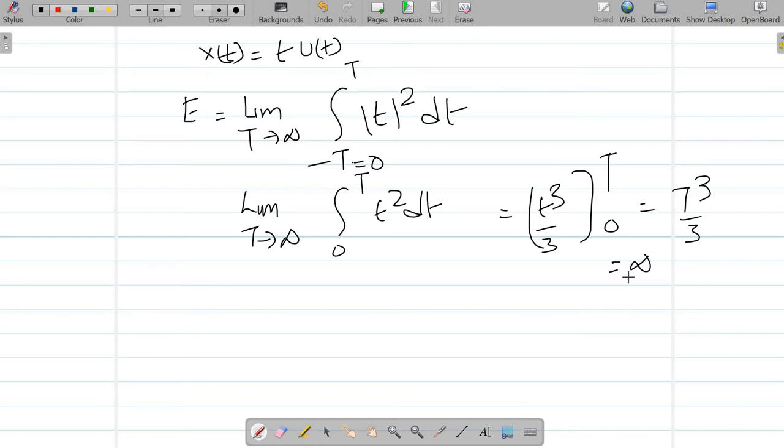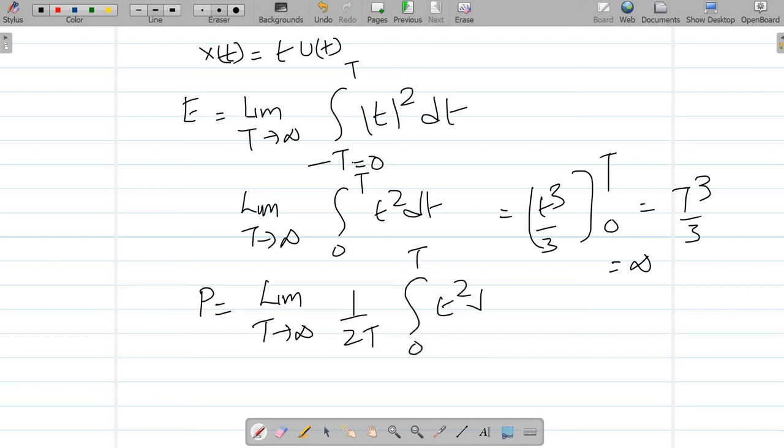So this signal is not an energy signal. Let us try to find out whether it is a power signal. Limit T tending to infinity of 1 by 2T times the integral from 0 to T of t squared dt.